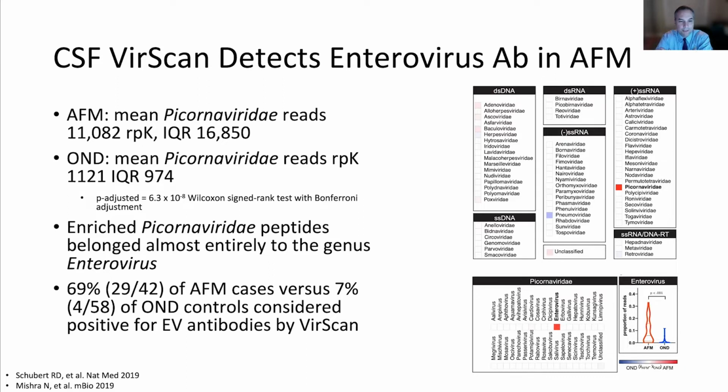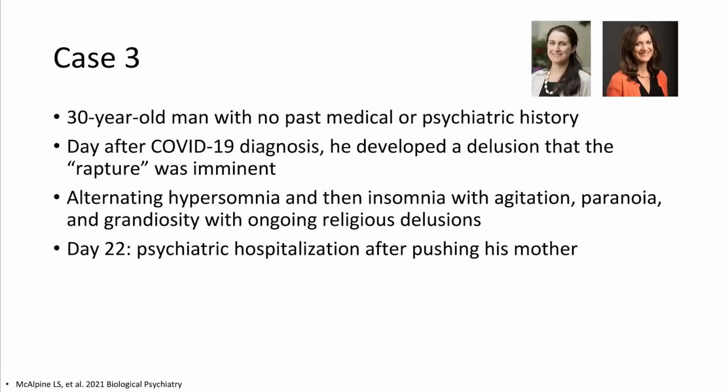Again, providing additional circumstantial evidence that the epidemiology is correct, that it is likely enteroviruses that are implicated in these cases of acute flaccid myelitis.